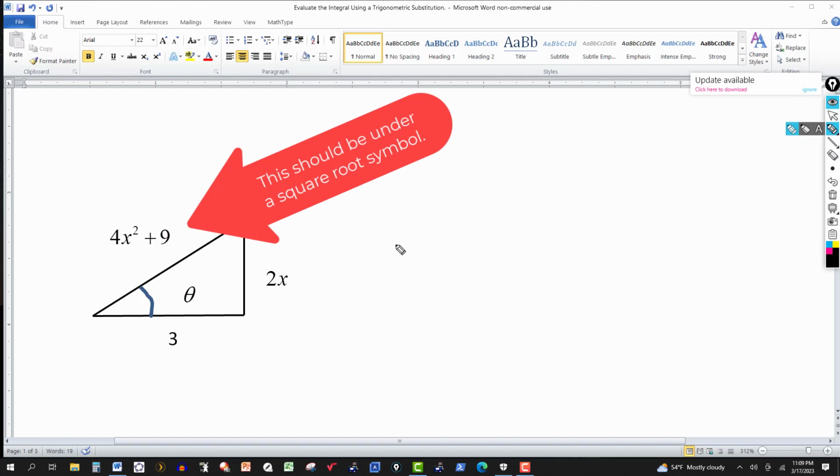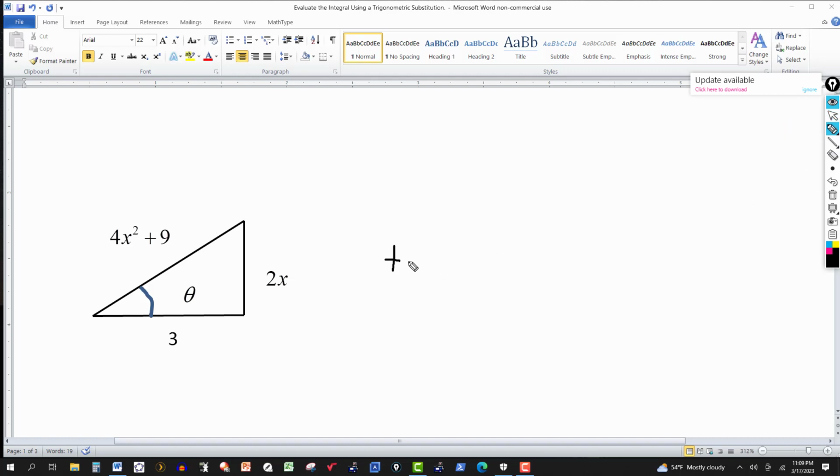So we have then tangent of theta equal to 2x over 3. Now if I take the derivative here, the derivative of tangent would be secant squared theta d theta.